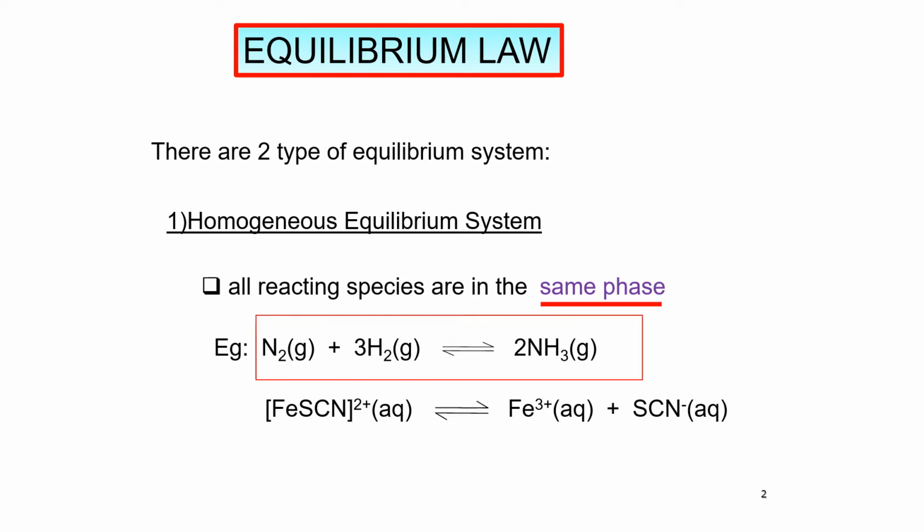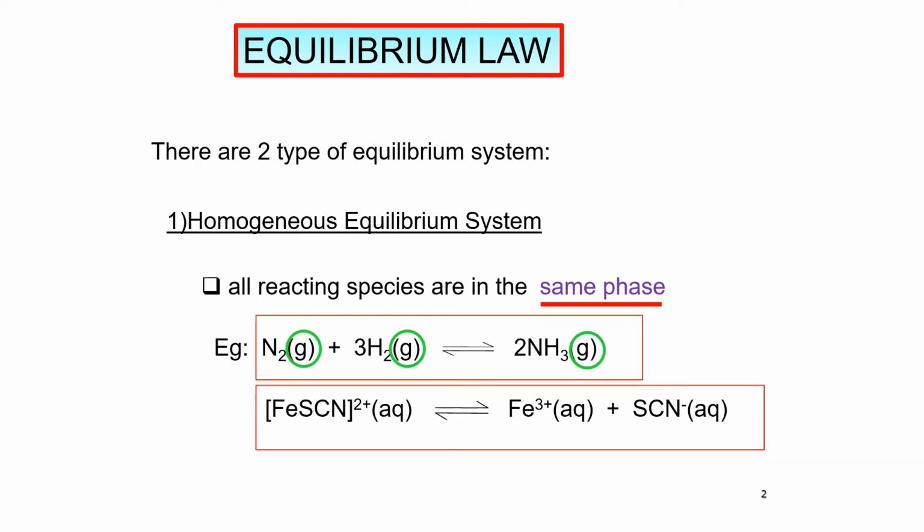Look at the example for the formation of ammonia. Look at the phase of nitrogen, the phase of hydrogen and the phase of ammonia. They are present in the same phase. So, the system is called homogeneous equilibrium system.